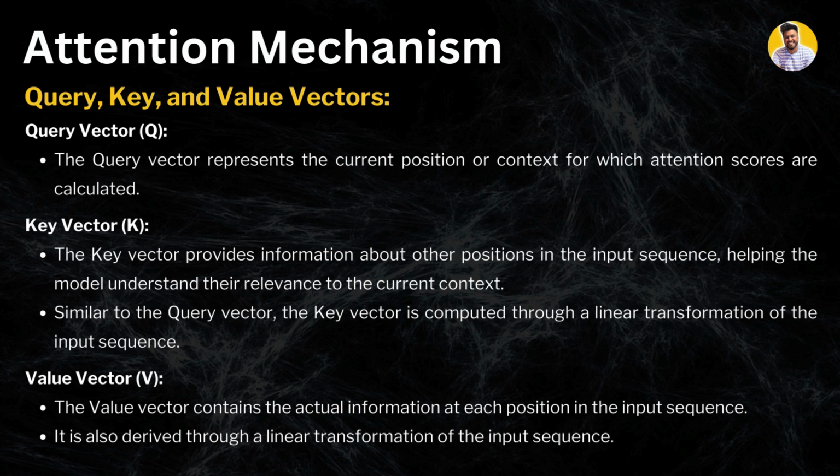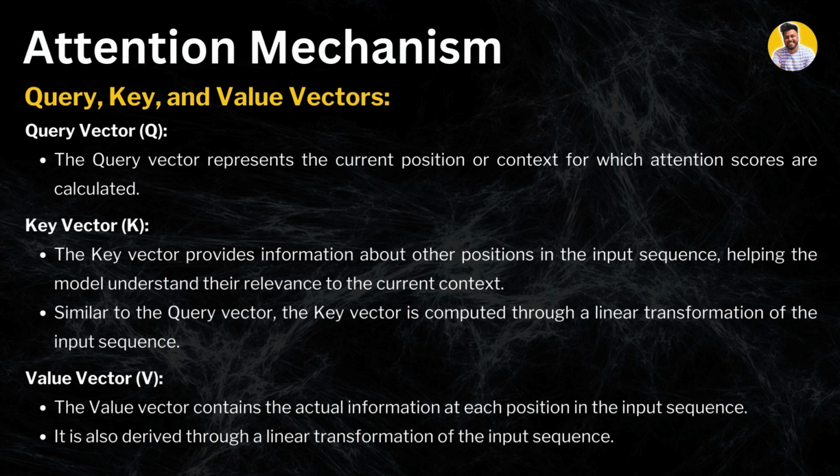Now the key vector provides information about other positions in the input sequence, helping the model understand the relevance to the current context. If the query vector selects a certain word, the key vector provides information about the other words around that selected word. Similar to the query vector, the key vector is computed through a linear transformation of the input sequence.